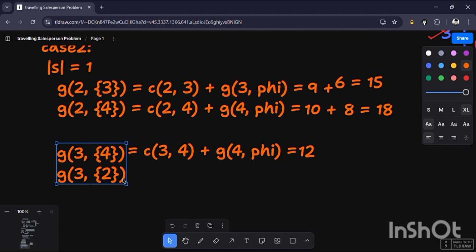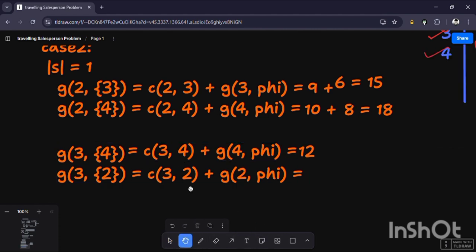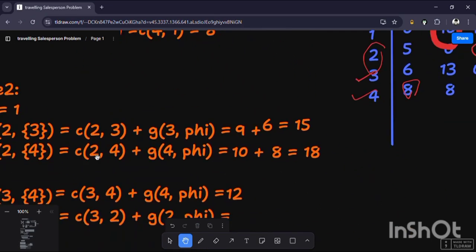Similarly, this will be equal to cost of 3 comma 2 plus g of 2 comma 5. So this is the value of 3 comma 4, and what is the value of g of 4 comma 5? The value of g of 4 comma 5 was 8.